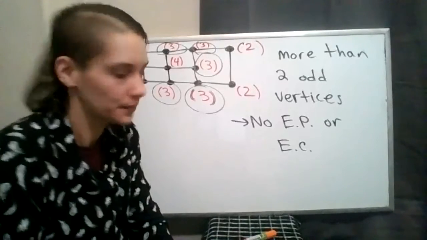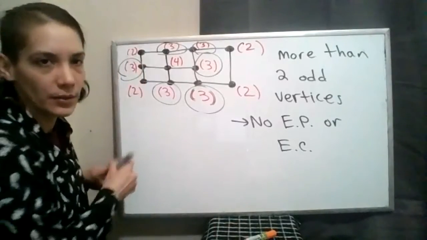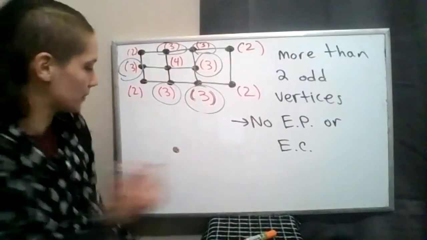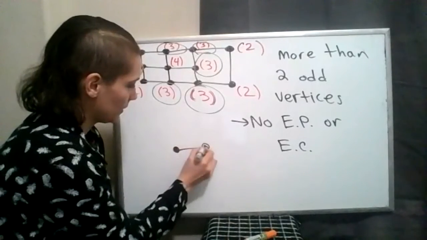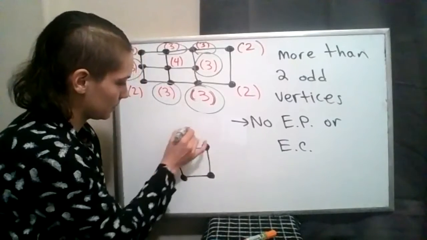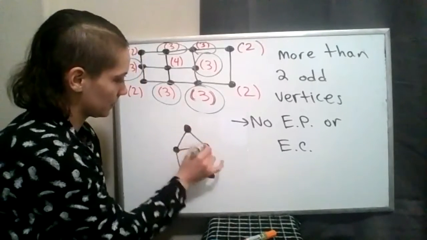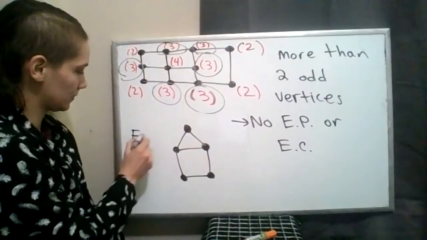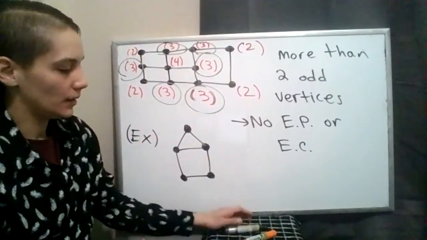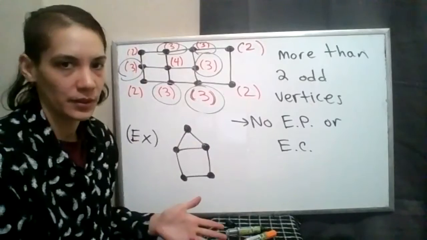All right, let's try this graph. Say square with a triangle on top. We're looking for Euler paths and Euler circuits.